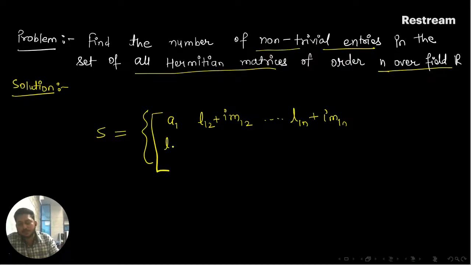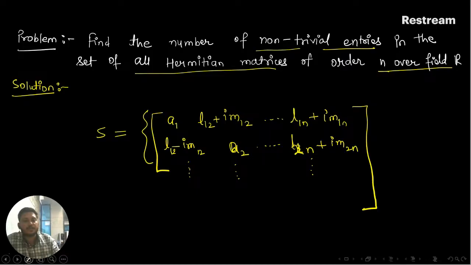Then we use here the entries for this, which is L1, iota M1, and take the diagonal here as B, and here is an element L2, 1 2, take the diagonal here as A2, and here is the last part, which is L2n plus iota M2n type, okay, and now take it n times.